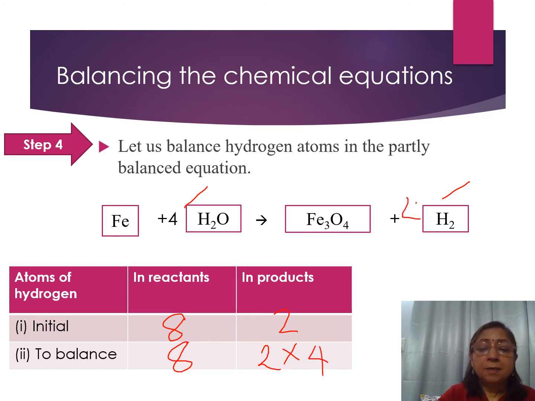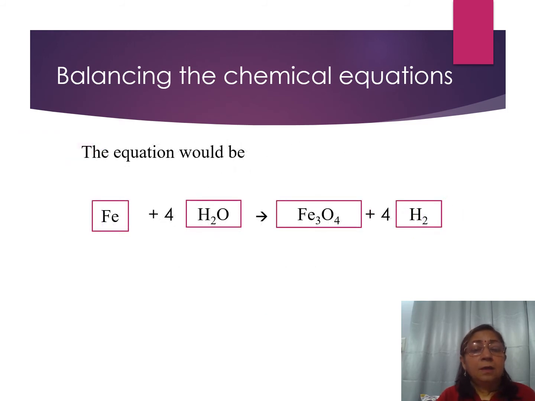So we'll write here 4. Now hydrogen on the left hand side is 8 and on the right hand side is also 8. Now the equation would be Fe plus 4H2O. This will give Fe3O4 plus 4H2.